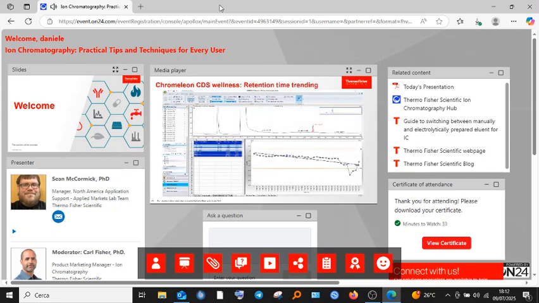Much like the instrument performance vitals, the column performance vitals can be trended in Chameleon. This is an example of the retention time trend. So what we do is select a specific analyte and it is trended based on the injection time or date, as we see below. In the most recent data in that graph, we're seeing an inward shift or an earlier retention time, which could point to a potential issue.